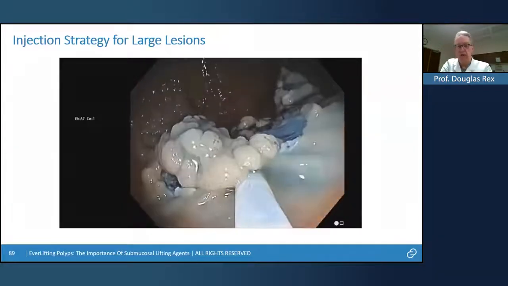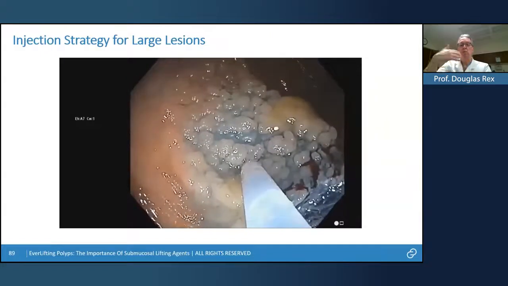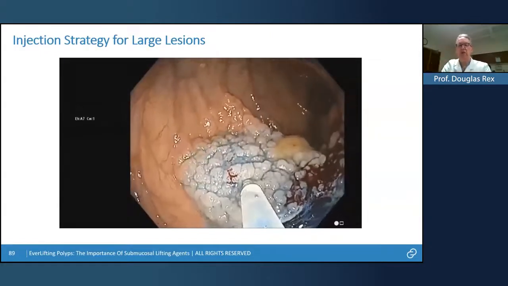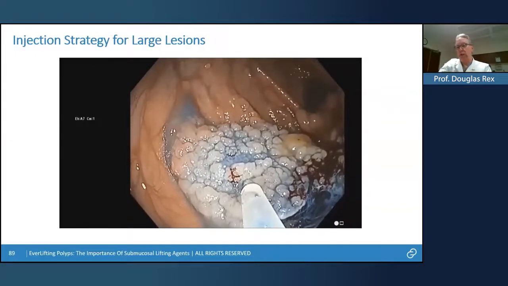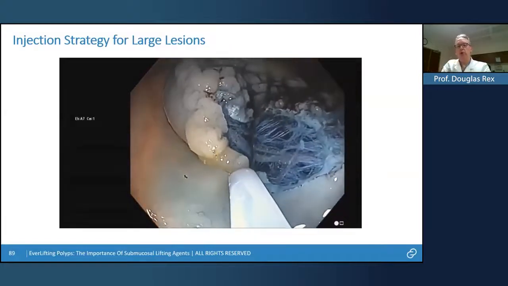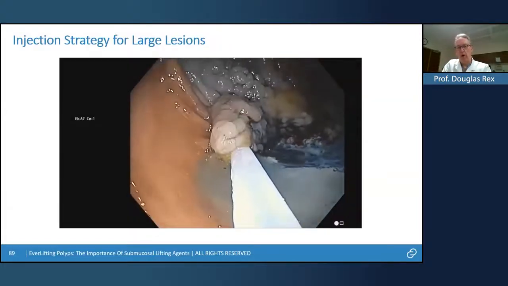They tend to lift extremely well. We can start at one side and just move progressively over to the other side. But this is a somewhat different injection strategy than we would use for a lesion that's draped over a fold, or the smaller typical 2 to 3 centimeter lesion that we want to inject to perform EMR.